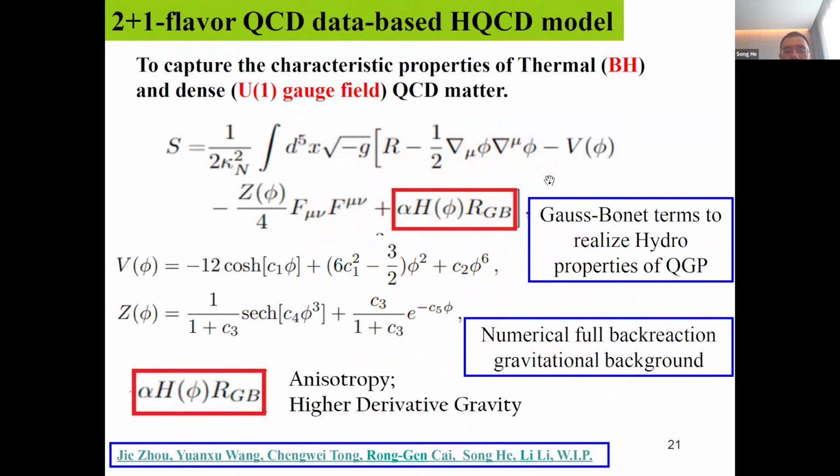In the previous model we have this, the Baryon number susceptibility associated with the Baryon degrees of freedom, and also the non-conformal part. But if you naively evaluate the shear viscosity over entropy and bulk viscosity, it does not satisfy the data. Naively evaluating this in this model, you cannot achieve this realistic QCD data.